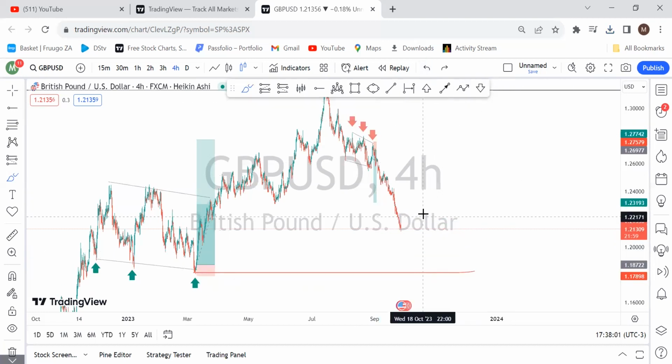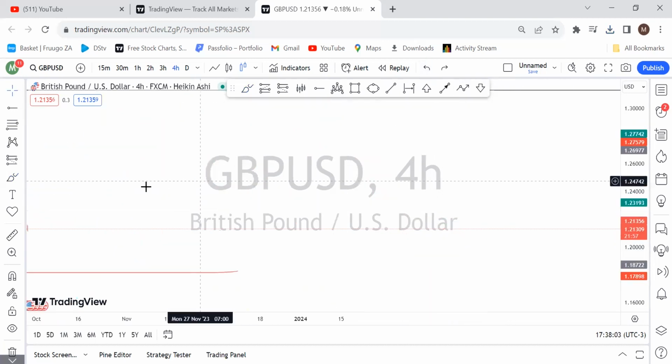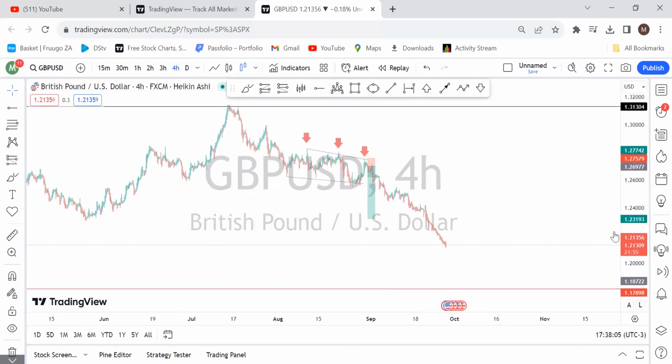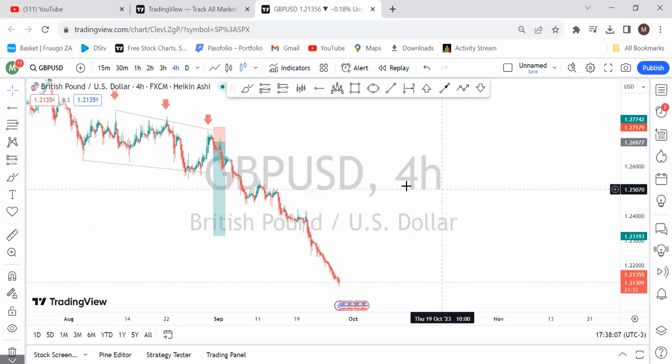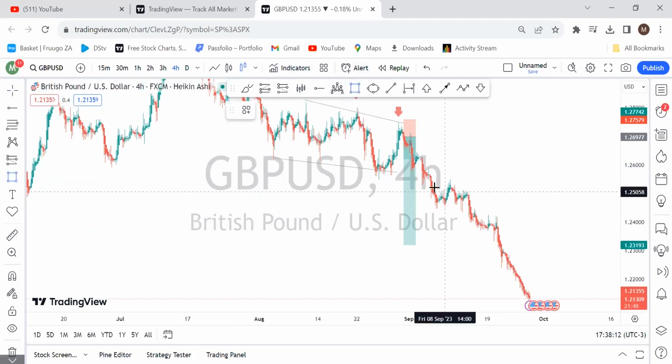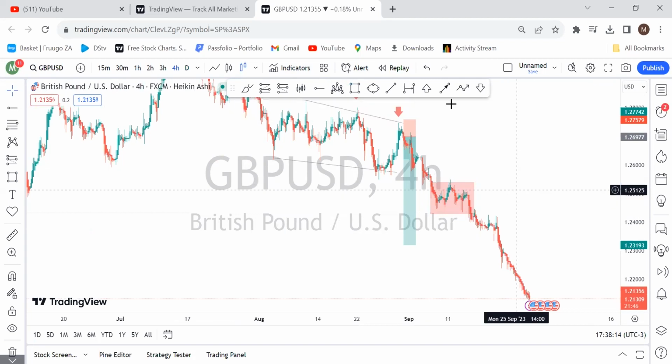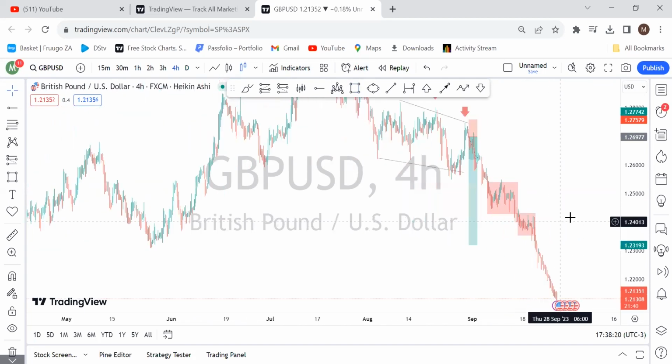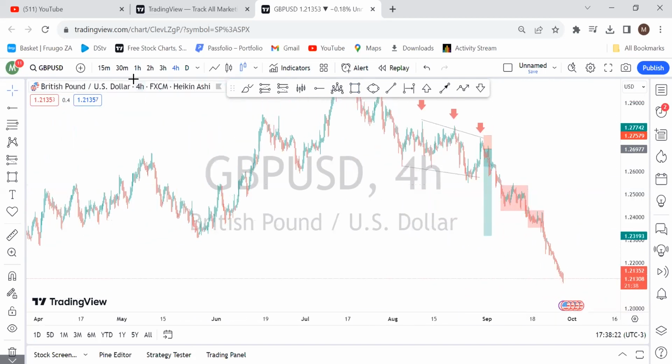But currently there's really nothing eye-catching with this one. As you can see, we missed this correction as well right here, this one as well. So we missed a few setups that we could have taken.